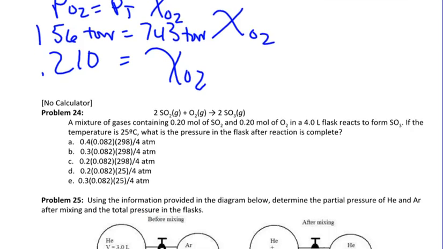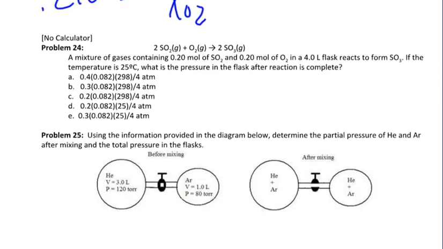Let's go ahead and do number 24. Look, no calculator. We have a reaction going, and we're asked to figure out what the pressure is. Folks, I just want to show you real fast. The atm is like the whole quantity put together. It's not 4 atm. You're not dividing by 4 atm. Atm is the unit. So I see an equation.